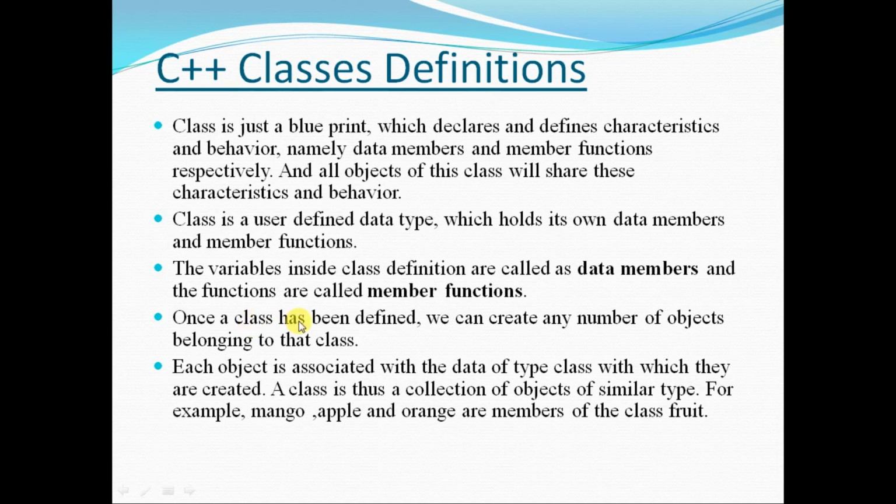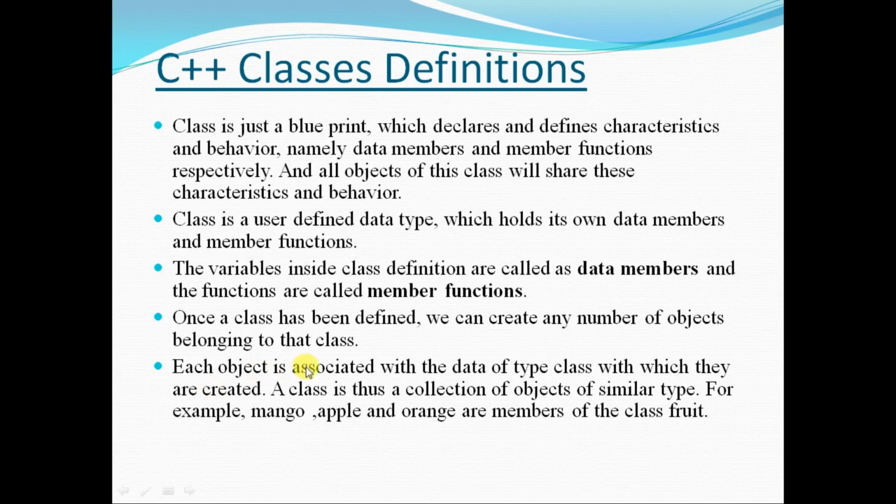Once a class has been defined, we can create a number of objects belonging to that class. A class may be thought of as a data type and an object as a variable of that data type.